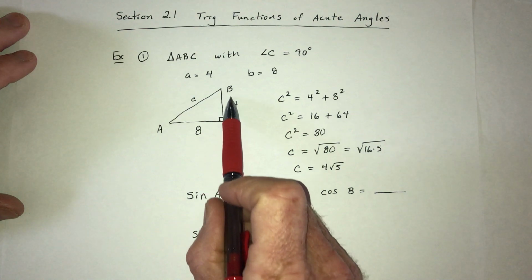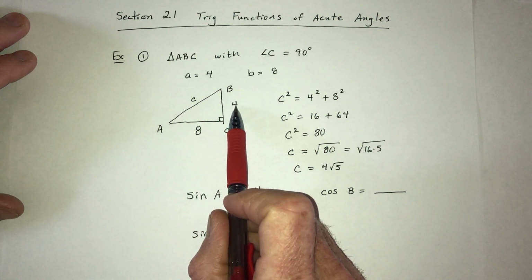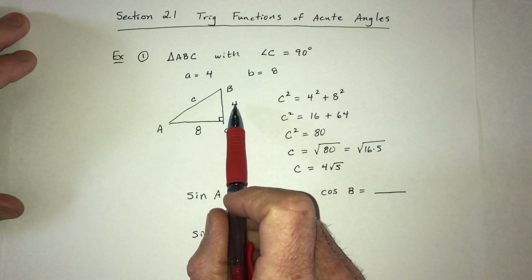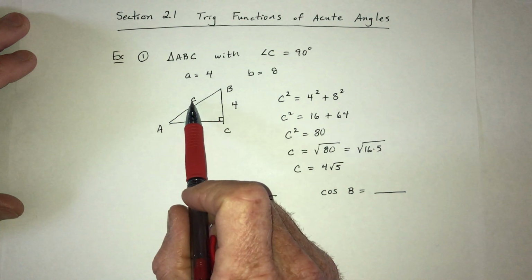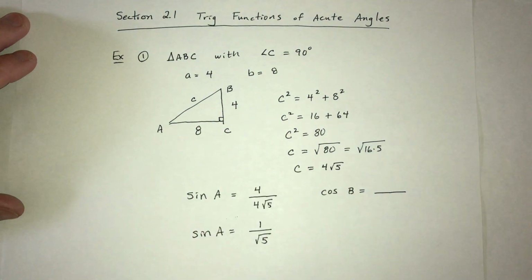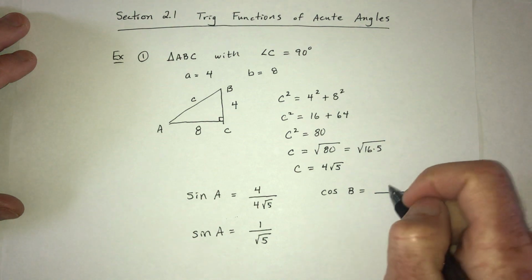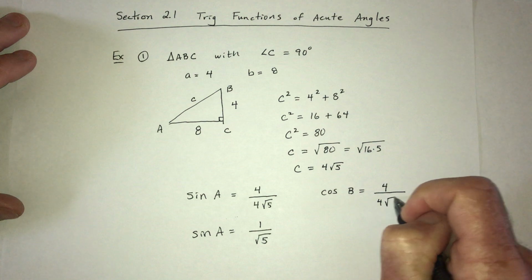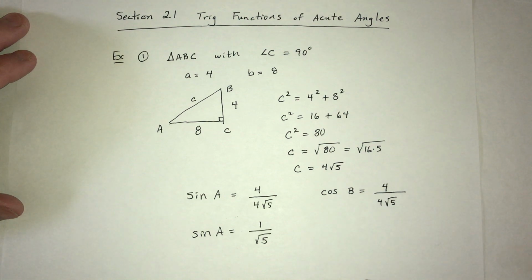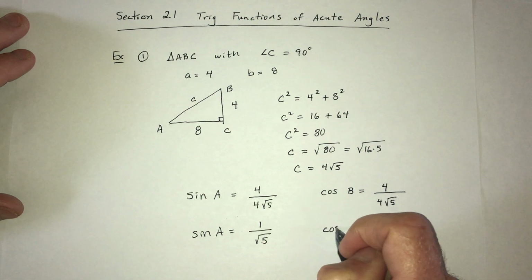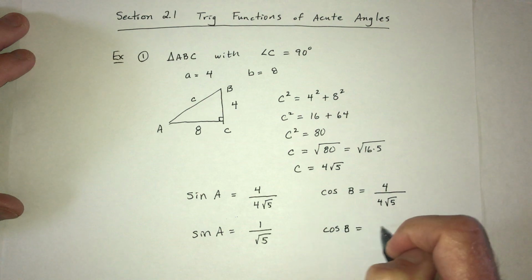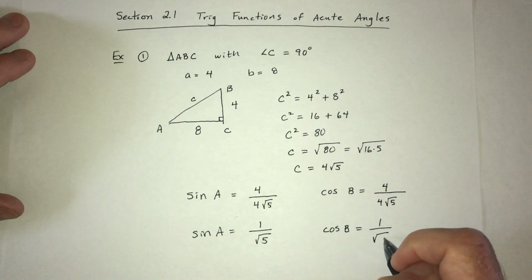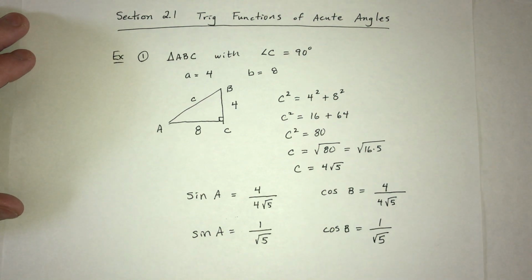So the B is right next to the 4, it's adjacent. And so cosine is adjacent over hypotenuse. So adjacent is 4 over the hypotenuse. Oh, déjà vu? What is that, the same answer? Yep, they are the same answer.